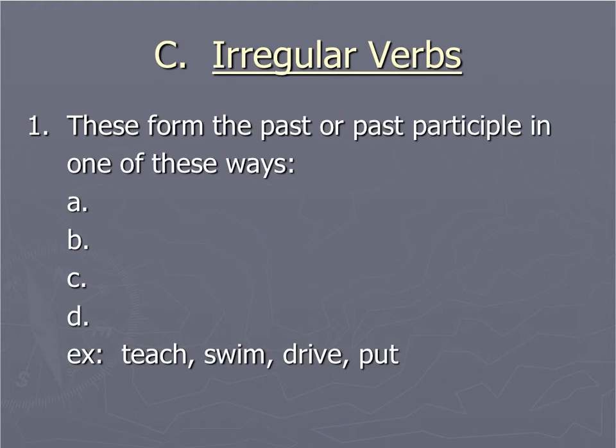And then we're going to take a moment and we're going to get to irregular verbs. And irregular verbs can form their past and past participles a couple different ways. Sometimes they're just changing vowels. Sometimes they're changing vowels and, sometimes they're changing consonants.